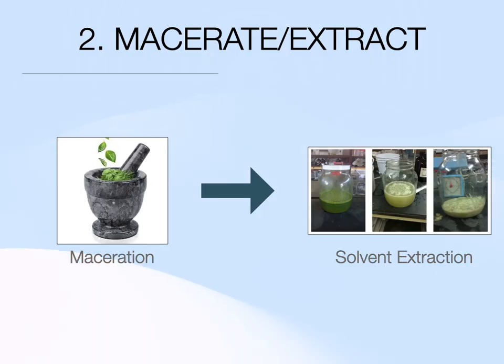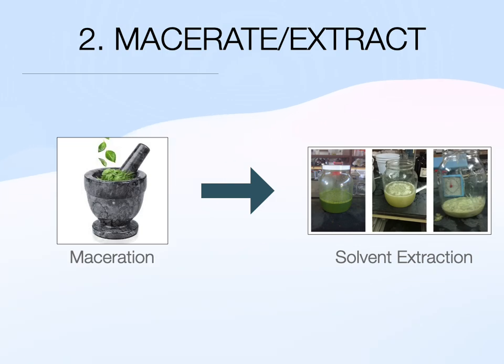Maceration entails the pulverizing or grinding of the plant part so as to increase the surface area, which would then facilitate optimal extraction or removal of the phytochemicals that are present within that plant part.